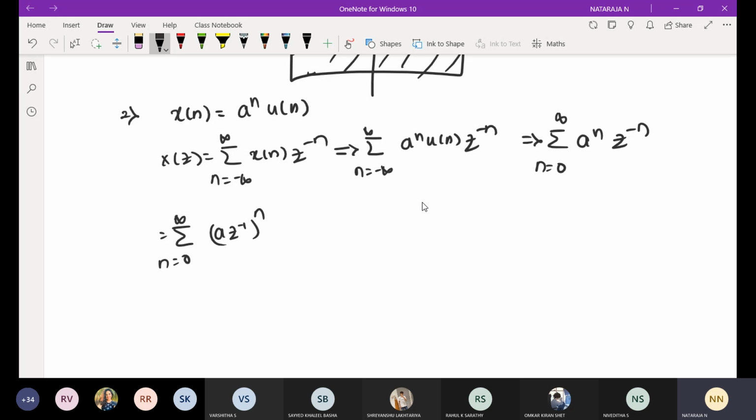That will be your 1 by 1 minus az inverse.